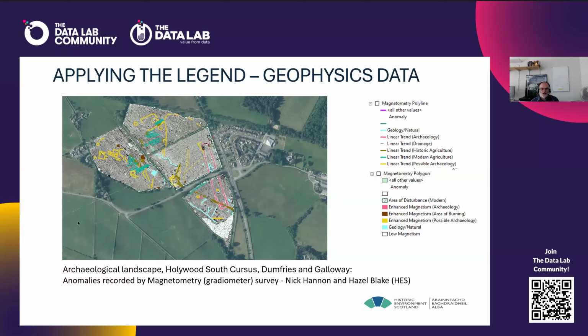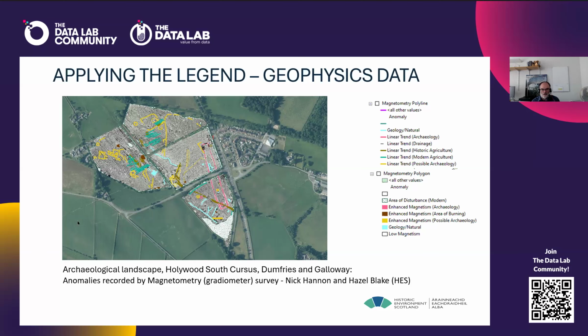And that's the interpretation of the results from the machine. It's able to identify positive and negative trends in the magnetism, and that's a map showing the interpretation of those results as enhanced magnetism, possible archaeology or disturbance, that kind of thing.